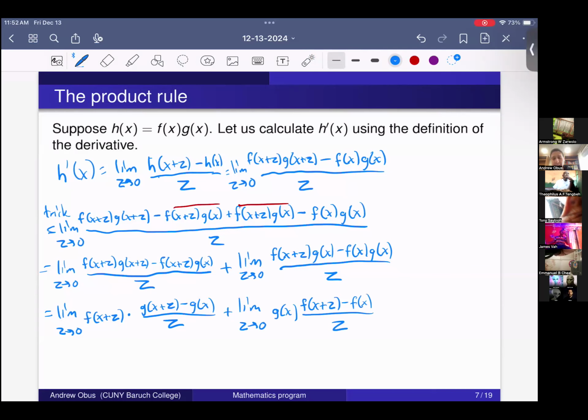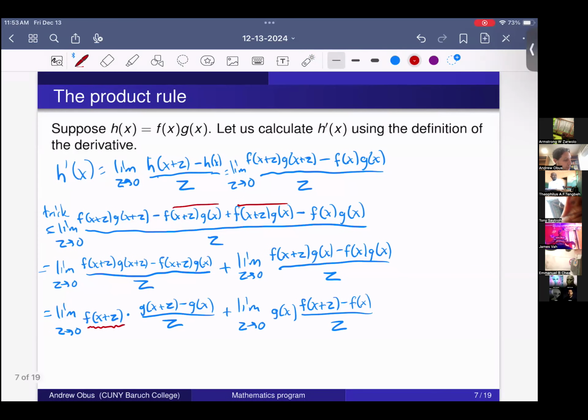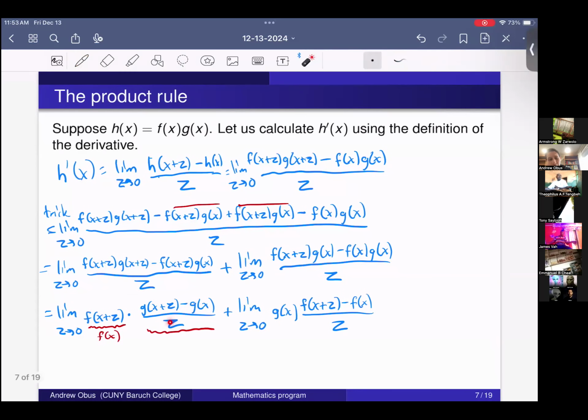All right, so let's now do all these limits. As z approaches 0, what does f of x plus z go to? Well, as z goes to 0, this just becomes f of x. Over here, what does g of x plus z minus g of x over z go to? Well, this thing is just the formula for the derivative of g.